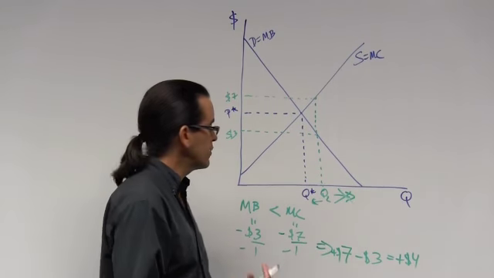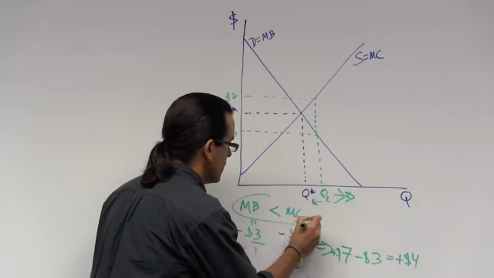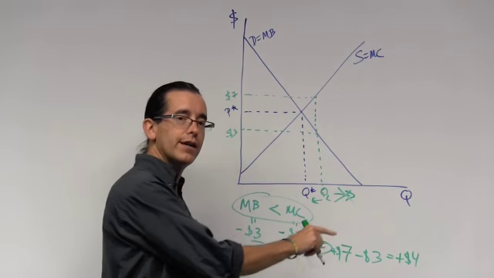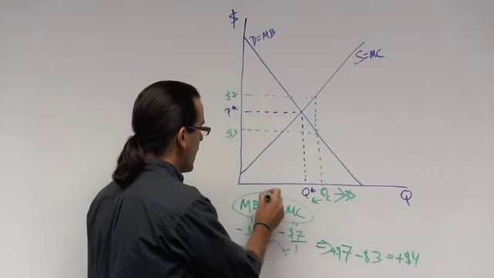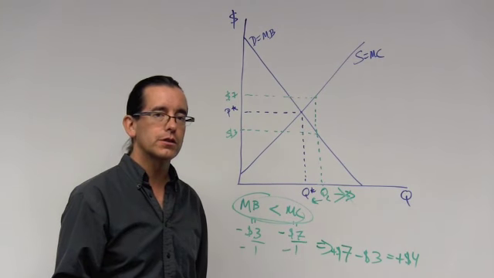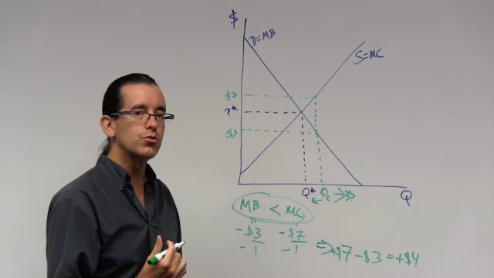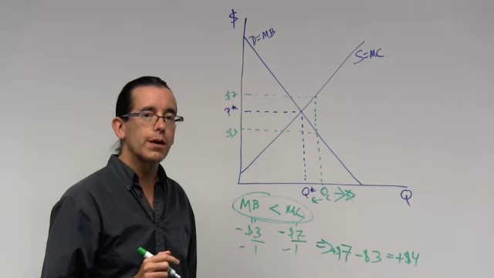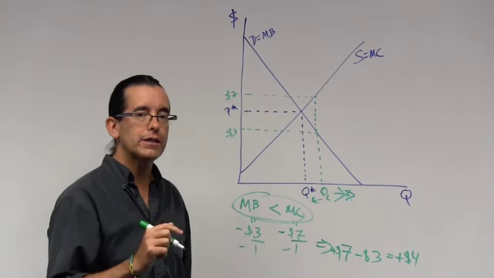Okay? So what's the general rule from this? It's not just 3 and 7. Anytime you're to the right of that equilibrium, you've got a situation where the marginal benefit is less than the marginal cost. And we can have this general rule that reducing our consumption and production will make us better off.